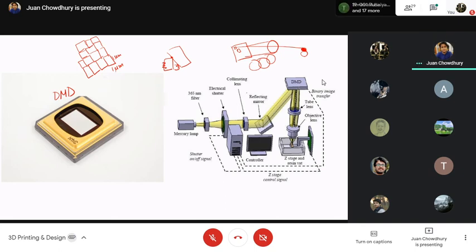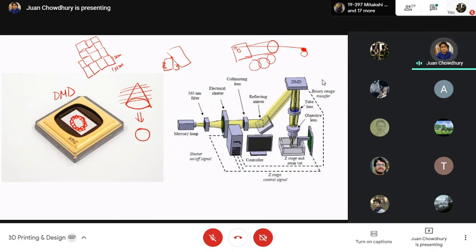Again, say I have a cone. I will make slices of this cone, which will only turn out to be circles, isn't it? So here what I'll do is I'll program the chip in such a way that it will deflect those mirrors which are bounded by the locus of the circle.